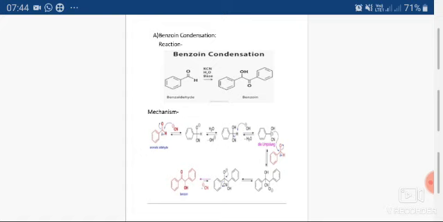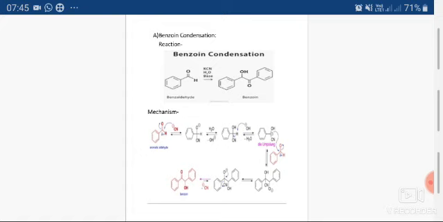Now this oxyanion is very unstable, so it donates the electron to the adjacent carbon, and there is loss of cyanide ion, and your product benzoin is produced.